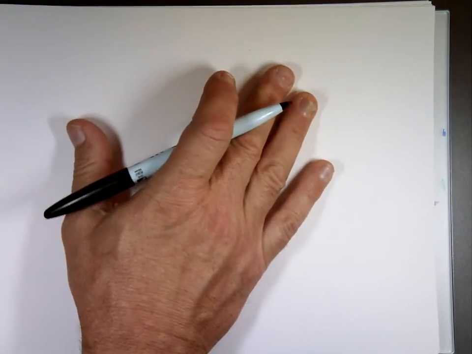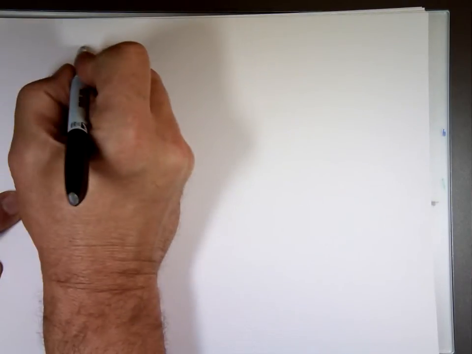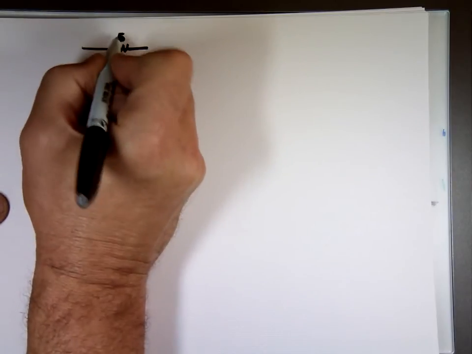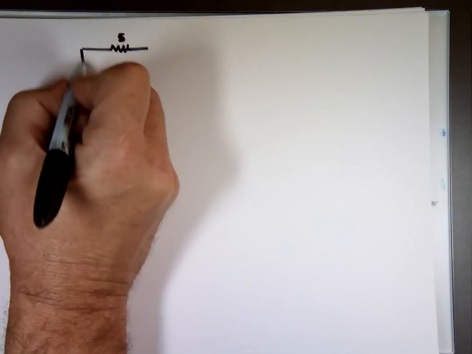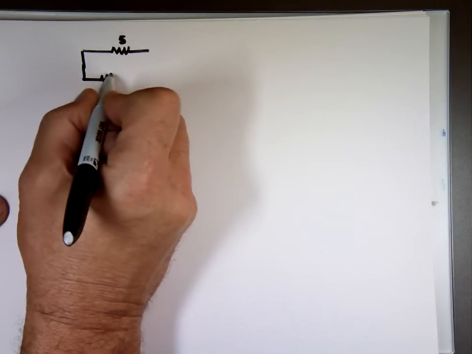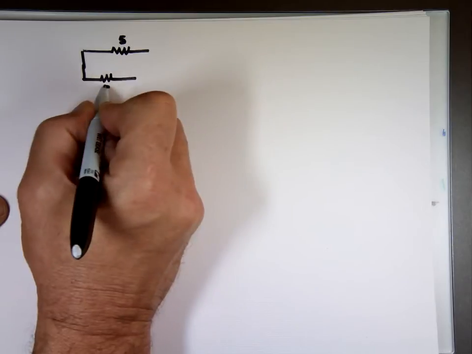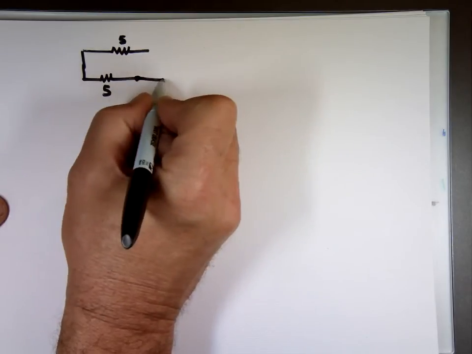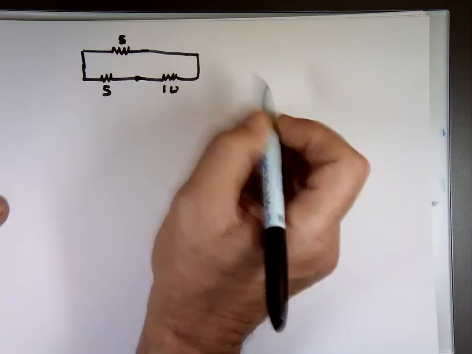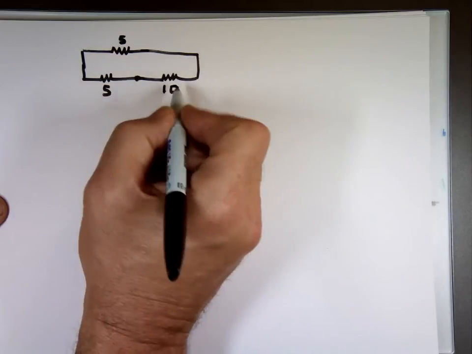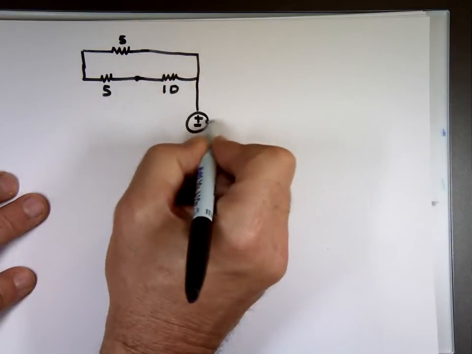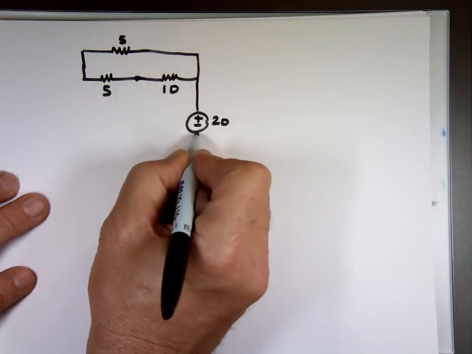So here's my circuit. 5, 5, 10, all these ohms, not K's. There's a source here, 20 volts.